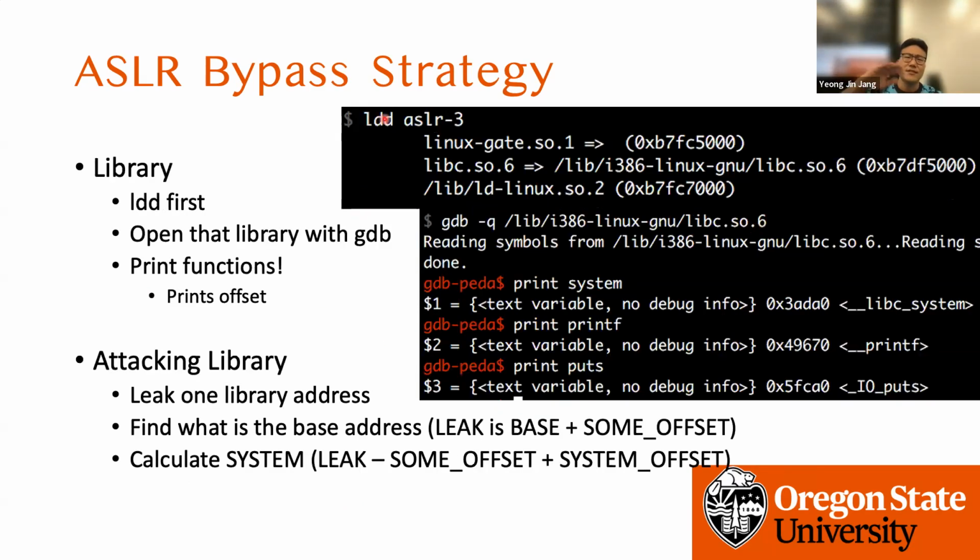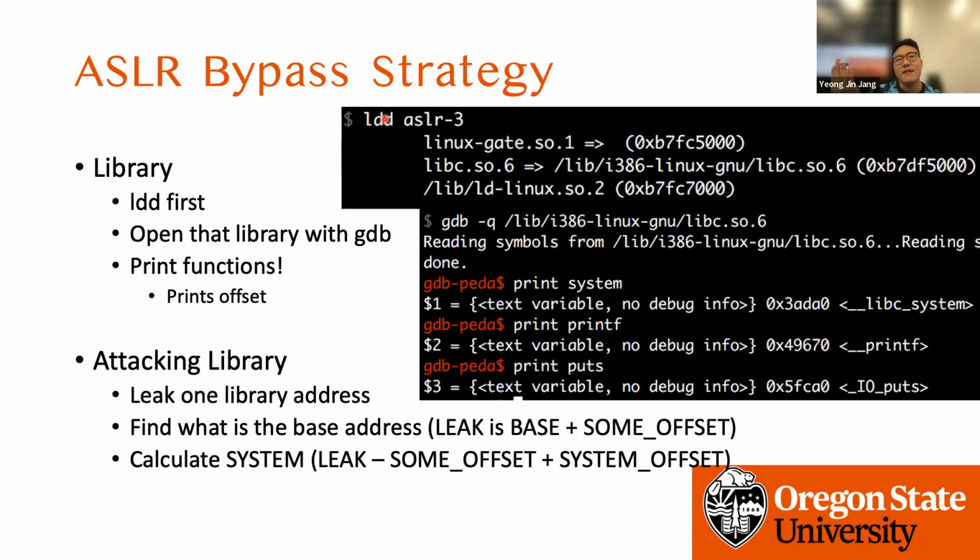ASLR2 and 3 are somewhat similar, but ASLR3 is much easier conceptually, though a little bit more coding is required for the Python script. So that's why I said that ASLR3 is a little difficult one. And how you can solve it is you need to leak any kind of library address.